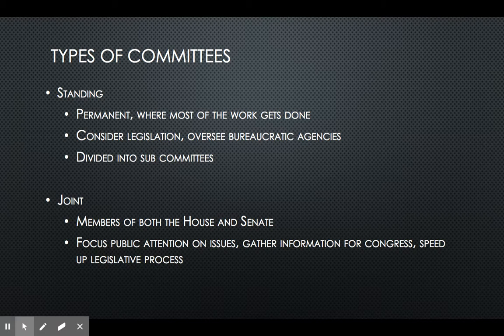Now, joint committees have a more limited authority, and a lot of times they're just handling more housekeeping type of tasks, or they're keeping tabs on a specific policy area. So they inform Congress, but they don't introduce legislation. So for example, there is a joint committee on the Library of Congress. So just taking care of those housekeeping things concerning the Library of Congress.